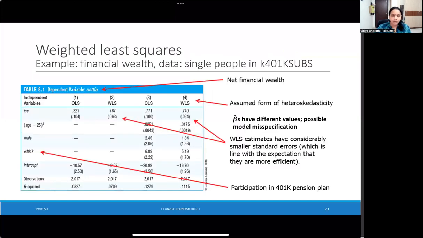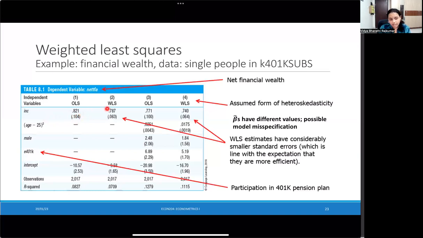So here's an example where the net financial wealth of single individuals is regressed on a bunch of explanatory variables. If you look at the first two columns, the dependent variable, net financial wealth, is regressed just on the income of the person. So I think if their income goes up by $1, their net wealth goes up by 82 cents in this case.